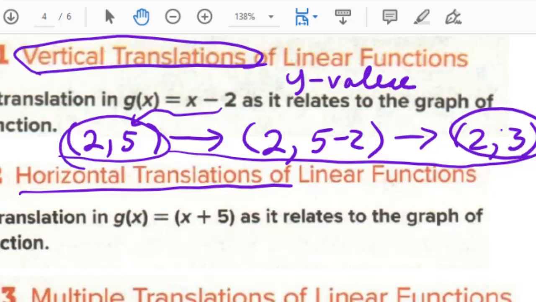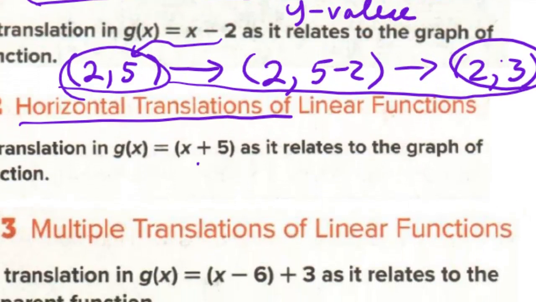When we get to horizontal translations, this is really tough for students. Remember, it's actually going to be the opposite of what we always have, because this plus right here was actually a minus, which means we must have input a -5. So we're not really adding 5 to our x value, we're subtracting. And keep in mind, horizontal translations are going to affect the x value only.